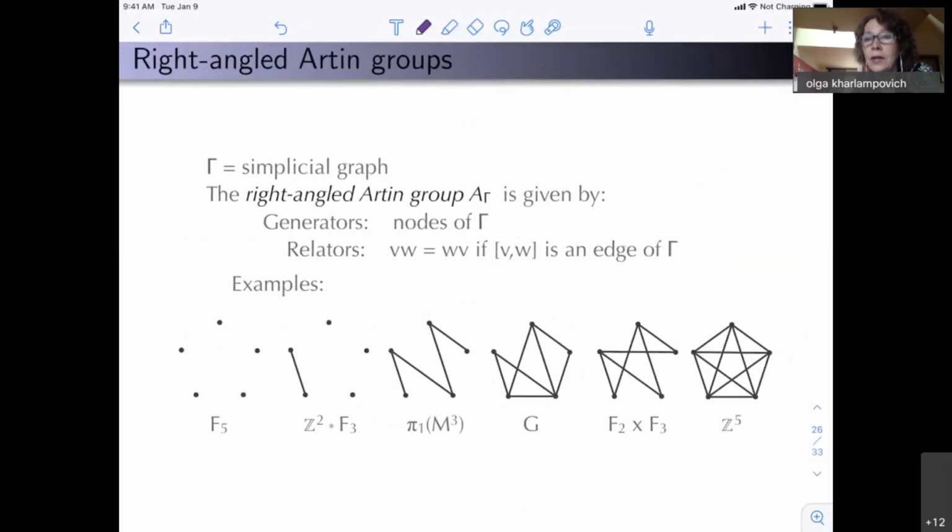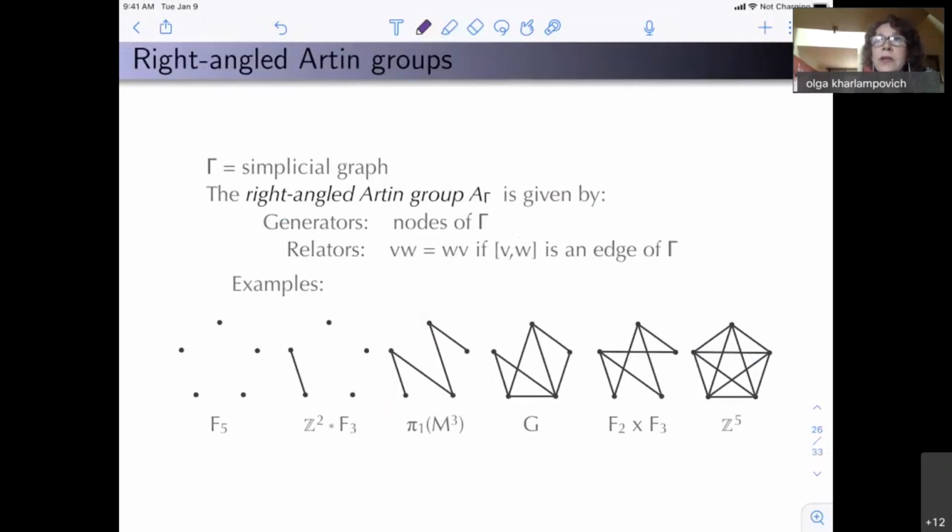So if we have an edge between V and W, then we say that V commutes with W. And right-angled Artin groups played a big role in the work of Wise and Agol, the proof of the virtually Haken conjecture, the solution of the last problem from Thurston's problem list.